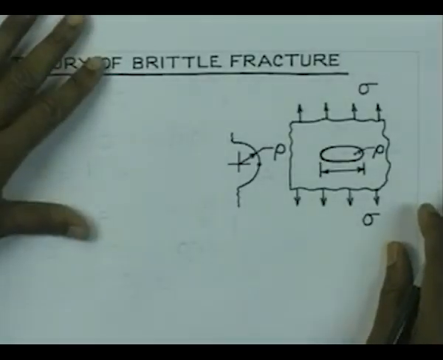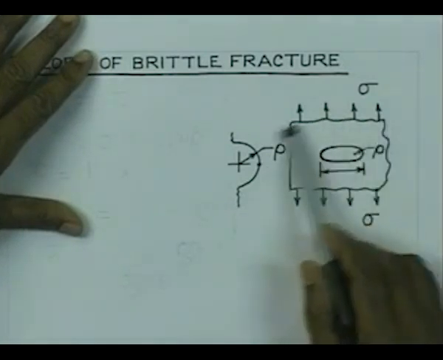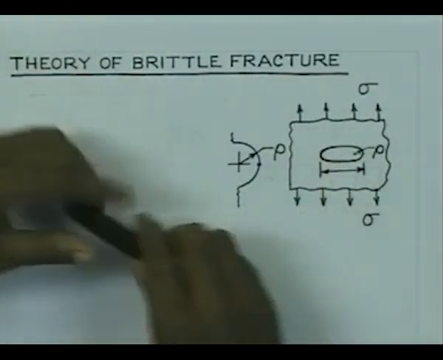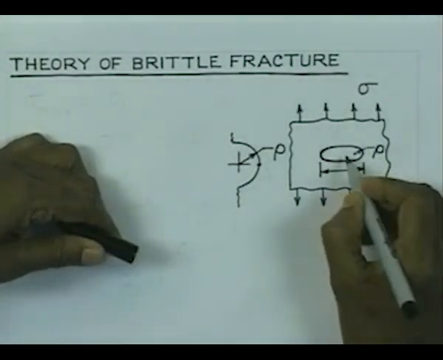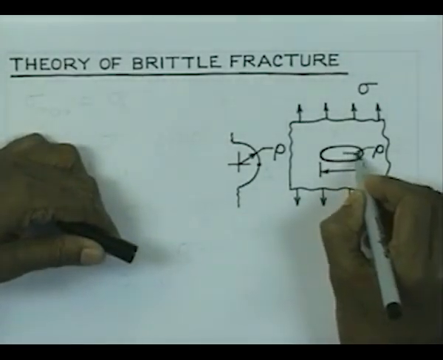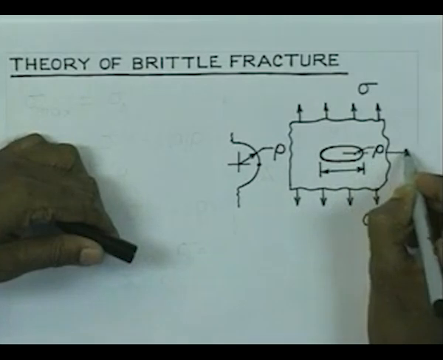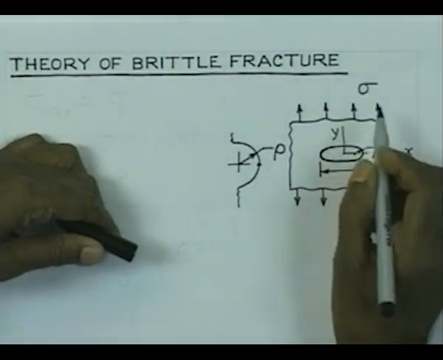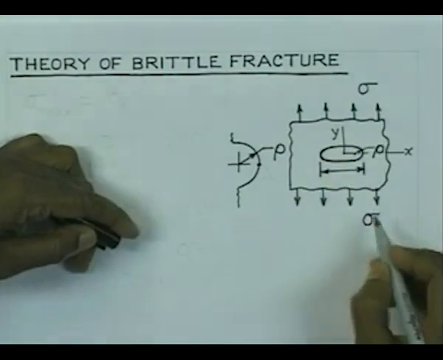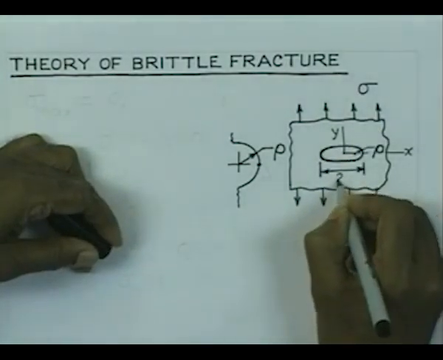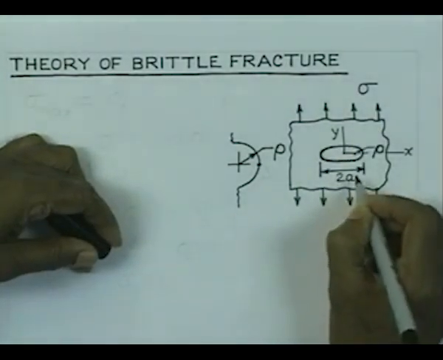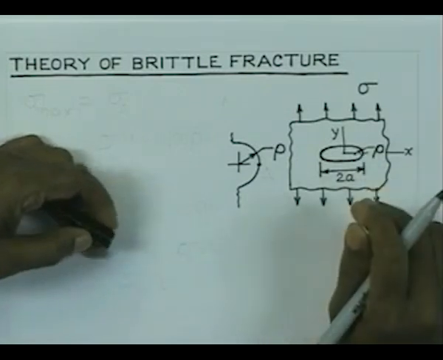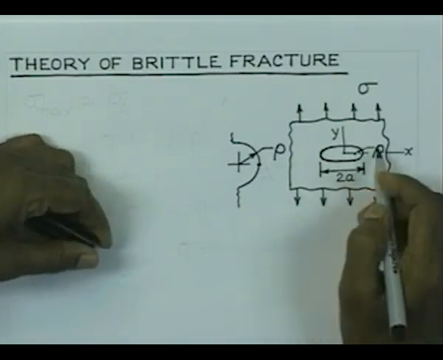fracture. Now, suppose you think of a component like a plate having an elliptical crack here. The elliptical crack is oriented in the, let us say, xy directions, and the plate is loaded with sigma and its major axis is 2a, and the radius at the end of the major axis is, let us say, rho.